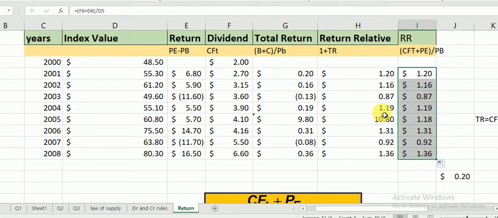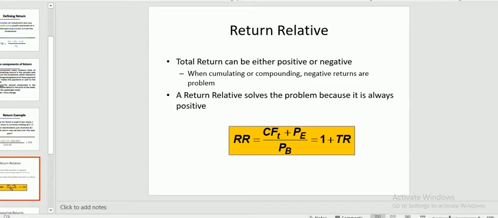So in these two ways we can calculate the returns relative. Dear students, I hope you understand the returns relative concept, and why we calculate it: only and only to convert negative returns to positive, so we are using the returns relative concept.